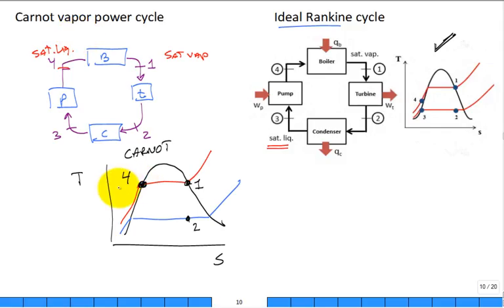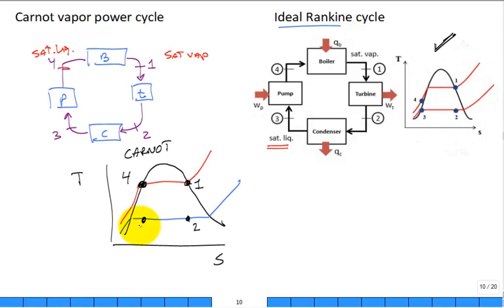Right where a lot of you were putting it in the Rankine cycle. I think you were reading and getting them a little mixed up, right? And then, where is state 3? Straight down below. Is state 3 saturated liquid? Nope. So state 3 has some quality.